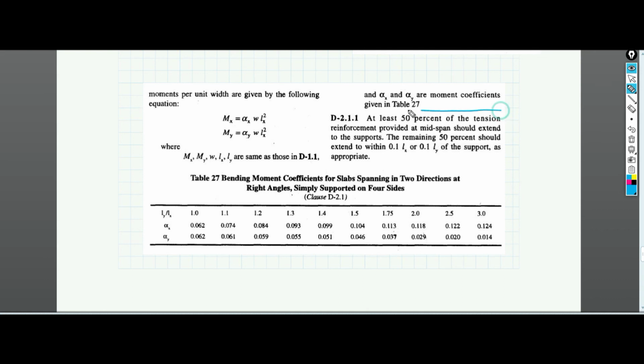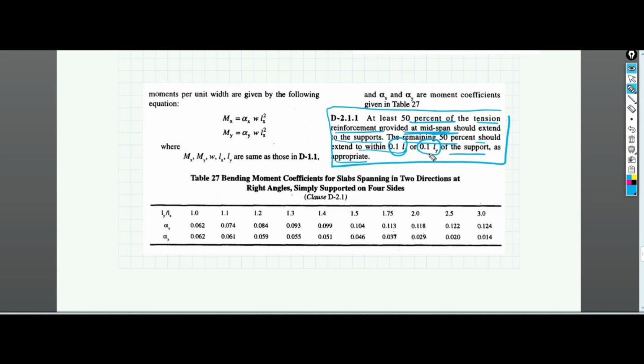For this, a particular clause is important. You can see here that at least 50% of the tension reinforcement provided at the midspan, whatever reinforcement you have provided at the midspan, 50% of that should extend to the support, and the remaining 50% should extend to a width of 0.1 lx or 0.1 ly of the support as appropriate.